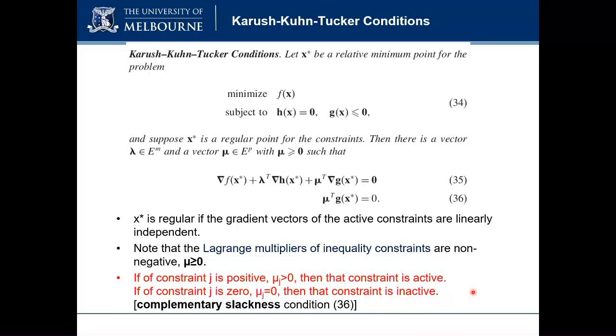That's also not terribly obvious, but this comes from the complementary slackness condition. So g is normally less than or equal to 0. If g is 0, then mu can be anything, can be positive. That's not the best explanation, but this is correct.